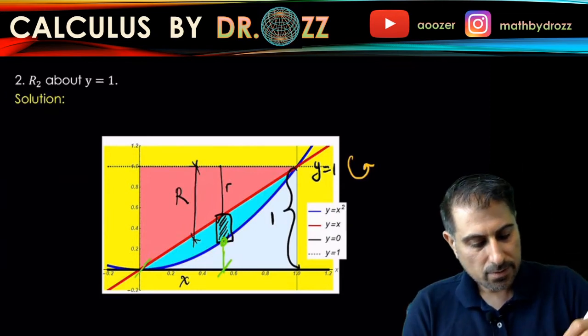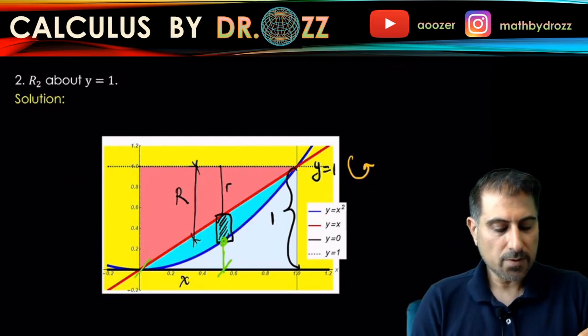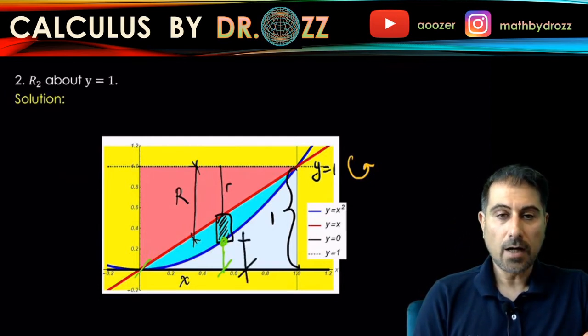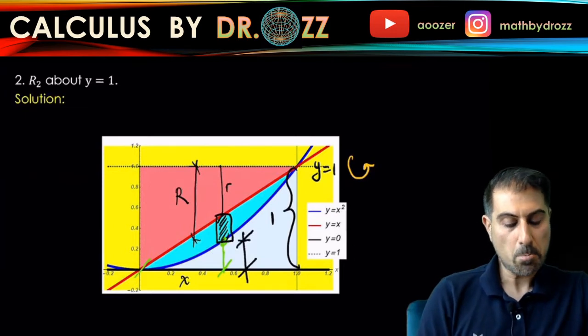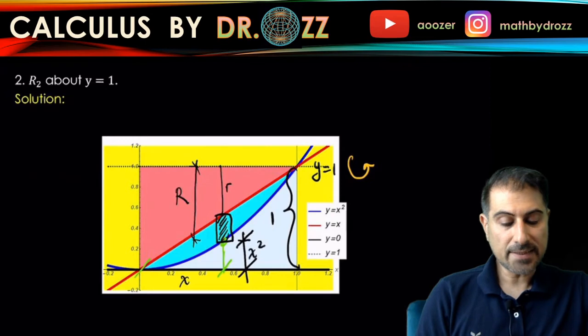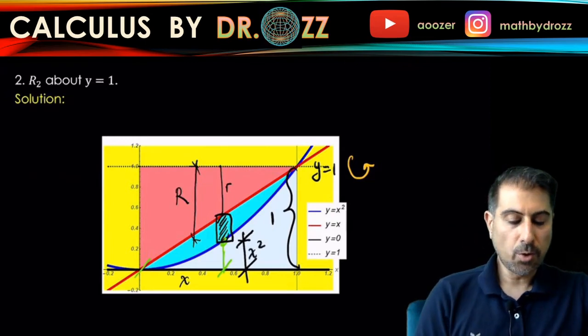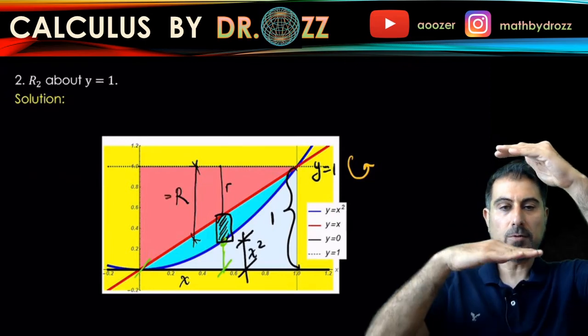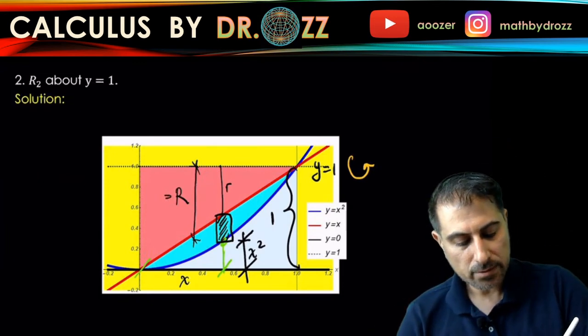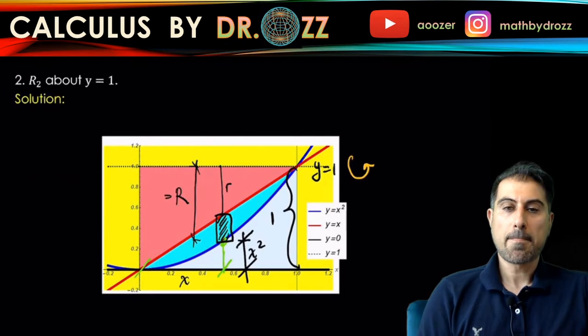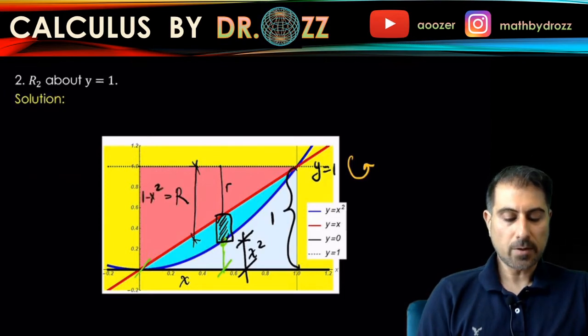So this height here is, in fact, what the blue curve is, x squared. If that's the case, r is going to be the whole distance from the x-axis to y equals 1, minus x squared, which is 1 minus x squared. Okay. R equals capital R. The outer radius of the disk is going to be 1 minus x squared.